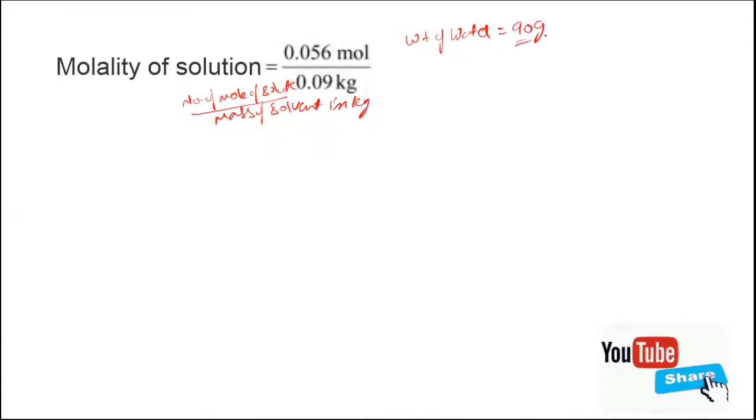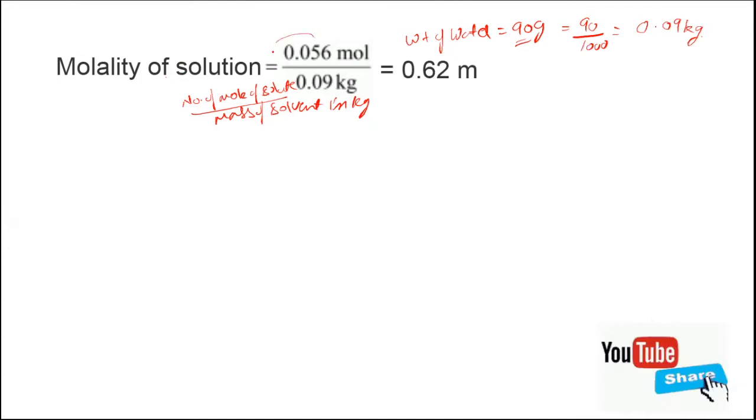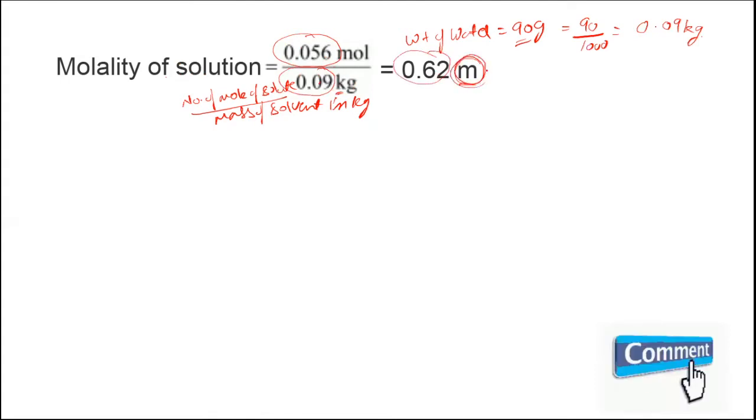When we convert this 90 gram into kg, 90 divided by 1000, the value comes to be 0.09 kg. Now, when we calculate the molality, the number of moles is 0.056 and the mass of the solvent is 0.09 kg. When we solve it, the value comes to be 0.062 molal. This small m indicates molal, that is molality.